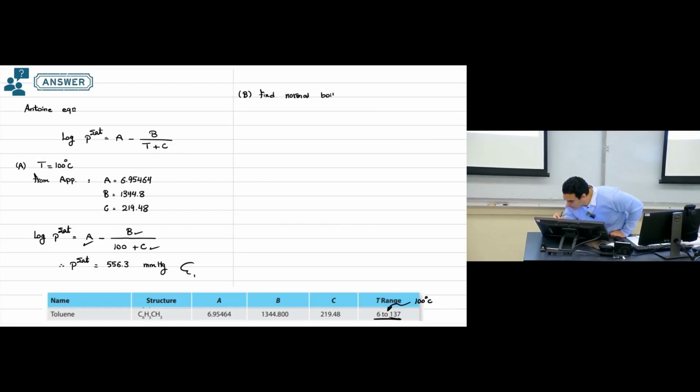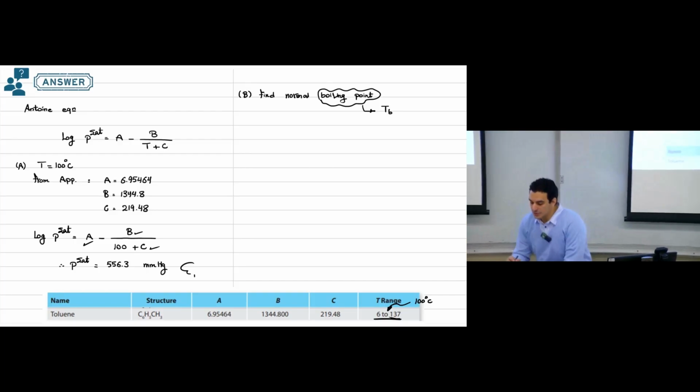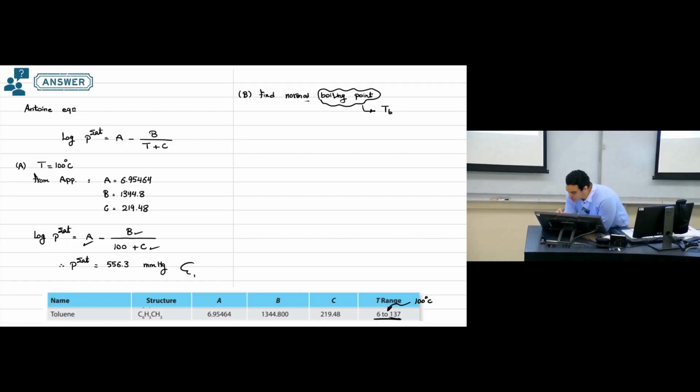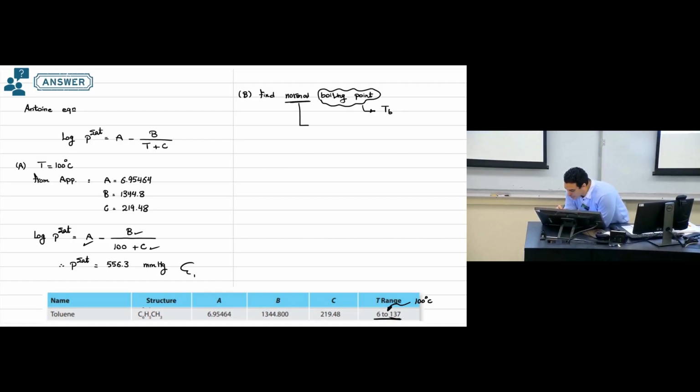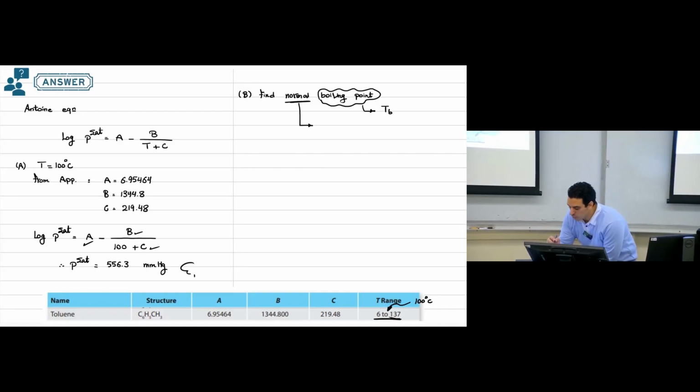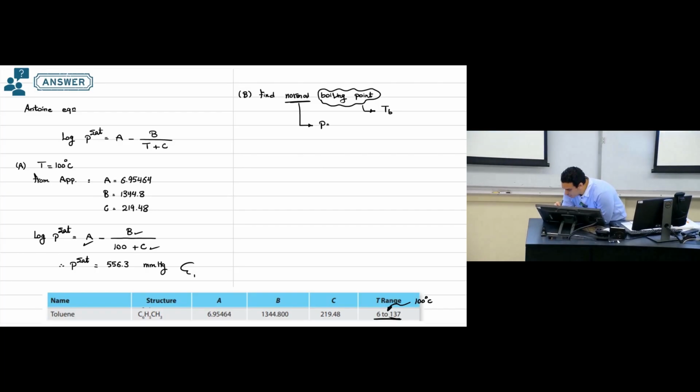So here you need to find the temperature. But he told you to find the temperature at normal condition. Anyone remember normal condition? What will be the value of pressure? 1 atmosphere, right? So the value of pressure is 1 atmosphere.